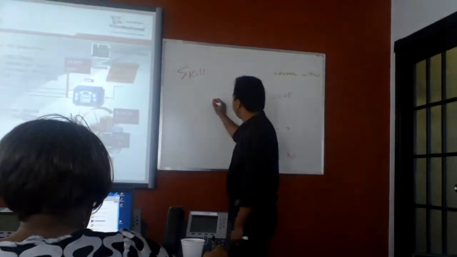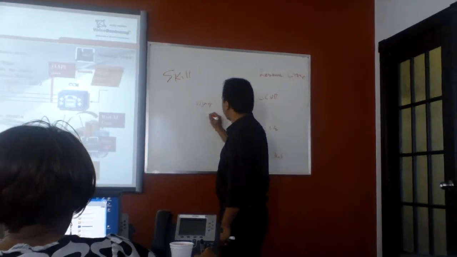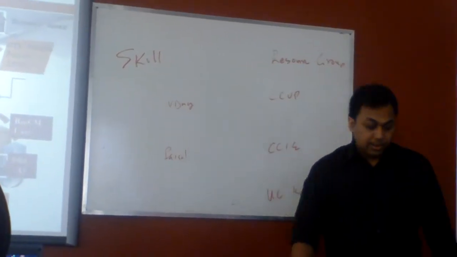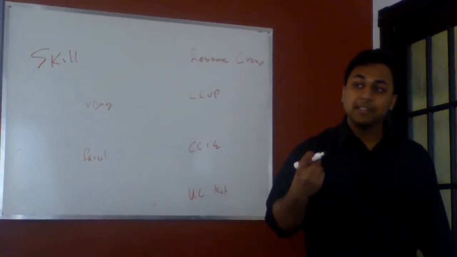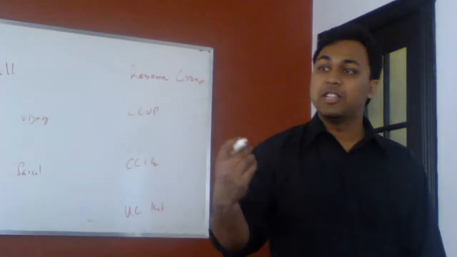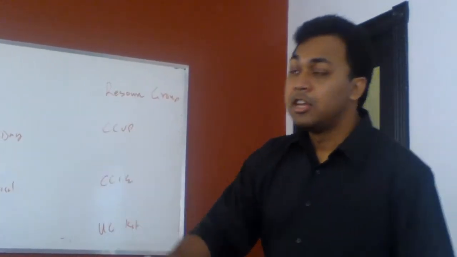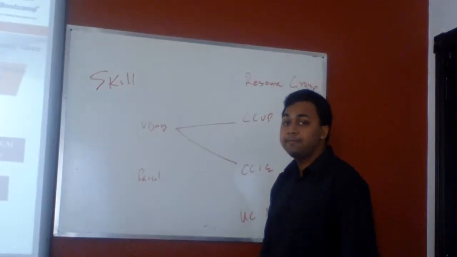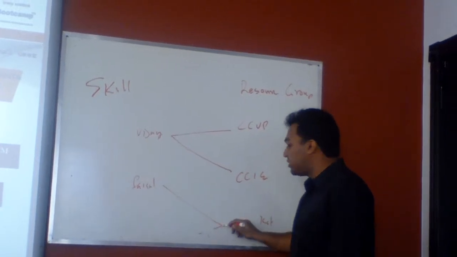Now, you have two agents, VJ and Faisal. So now, I could decide my skills based on the expertise level of the individual. Let's say VJ is expert on CCVP and CCIE, and I am maybe just EC resource kit.